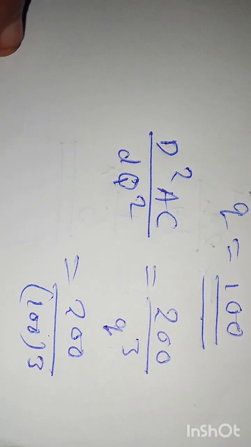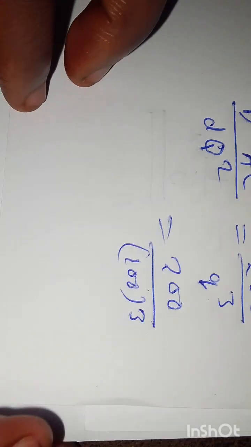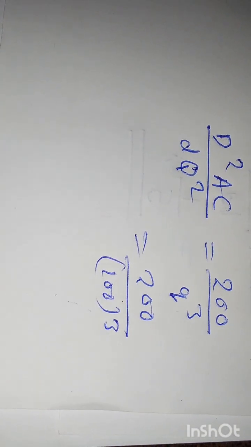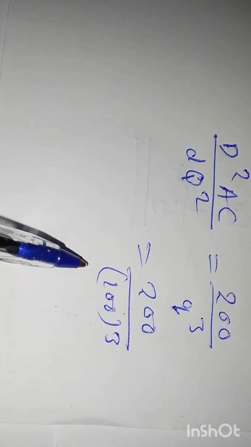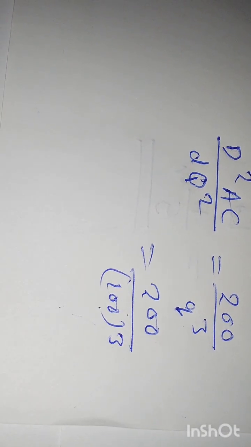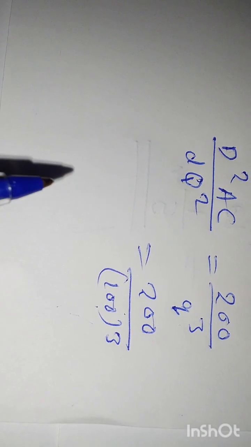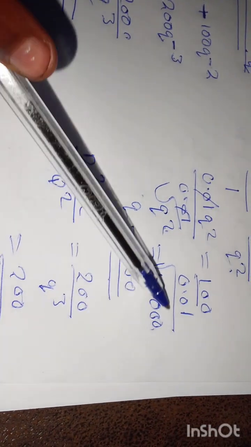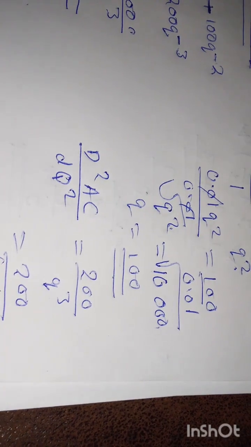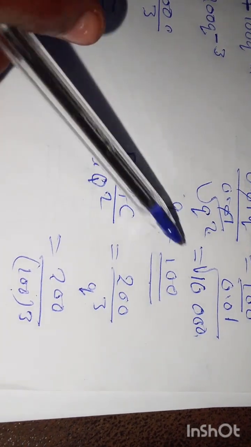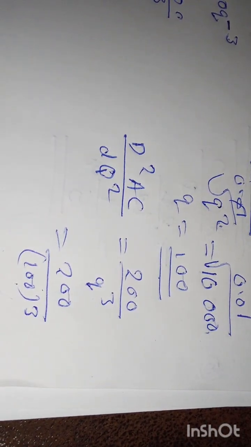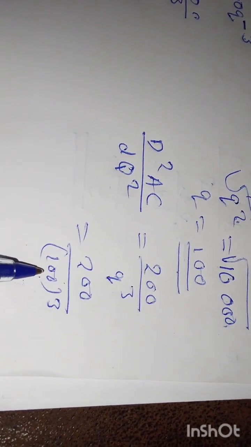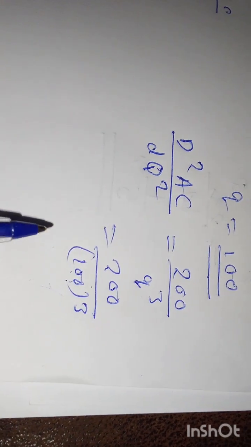So we have to find 100 to the power 3. 100 to the power 3 is 100 times 100 times 100. 100 times 100 gives us 10,000, so I have to multiply 10,000 times 100. This one has 4 zeros and this one has 2 zeros, so you're going to have 6 zeros.